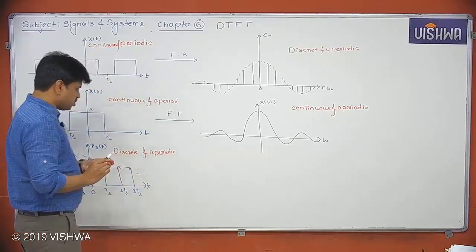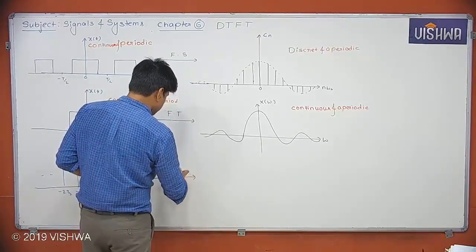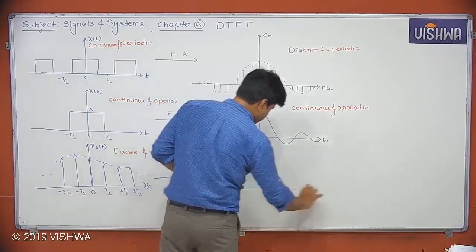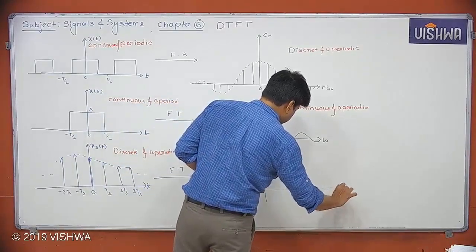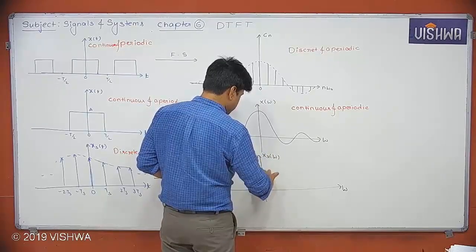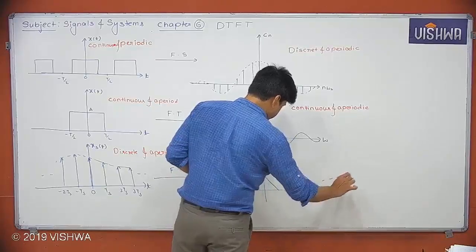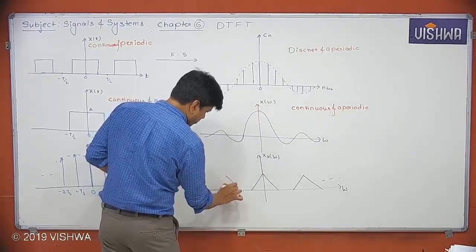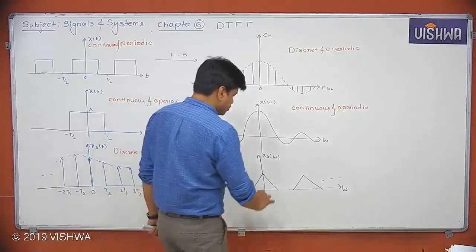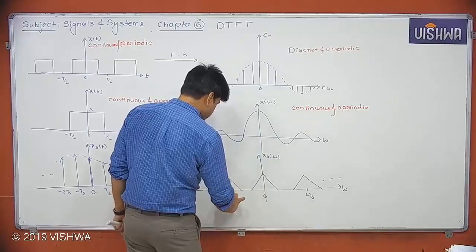If I try to find the Fourier transform for this, how is it going to look? I have given you a generalized picture. Let's call it oversampling. So this is what we are going to get: 0, omega s, minus omega s, shifting.